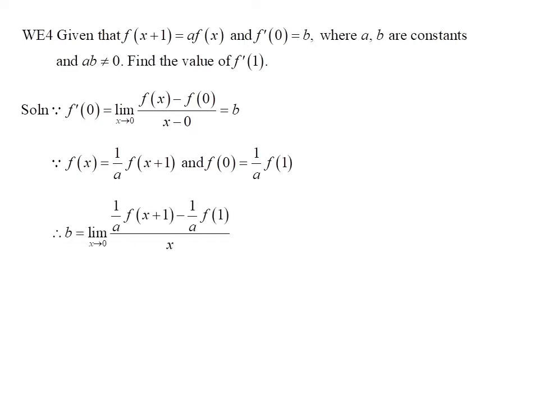Hence, b equals the limit of f of x plus 1 over a minus f of 1 over a all over x as x approaches 0, which is simplified to 1 over a times the limit of f of x plus 1 minus f of 1 all over x as x approaches 0, which equals f prime of x over a at the point x equals 1. Hence, the derivative of f of x at the point x equals 1 equals the product of a and b.